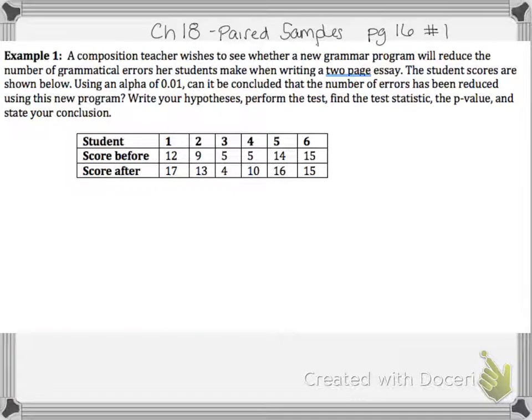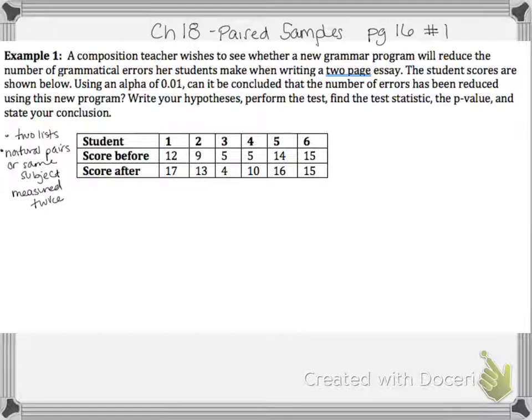Okay, everybody, this is our first example for paired samples from chapter 18. So if you'll notice, there's a few things that have to be given for paired samples. There needs to be two lists, either natural pairs or the same subject measured twice.